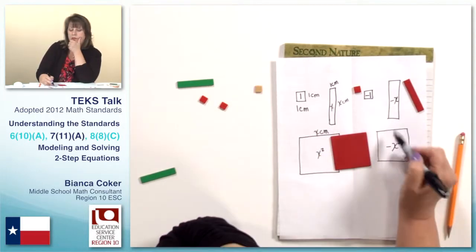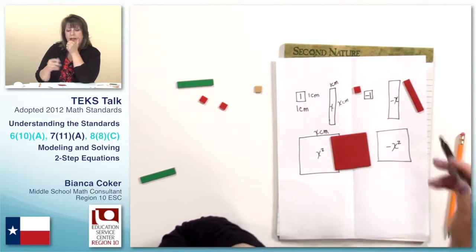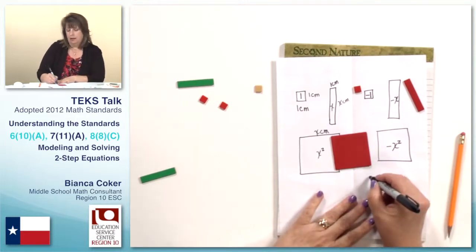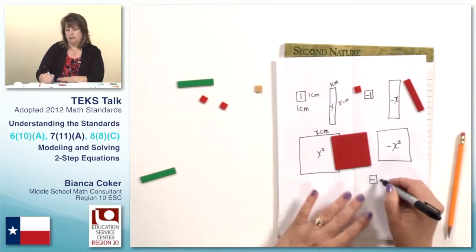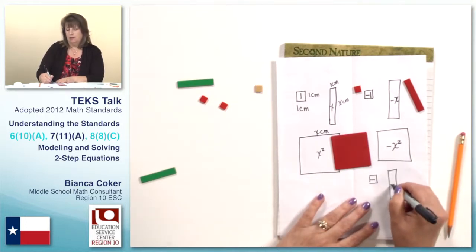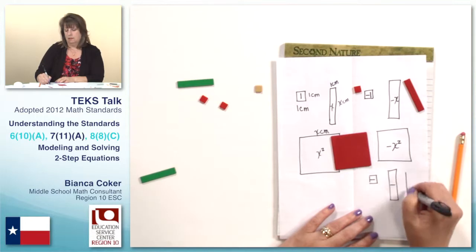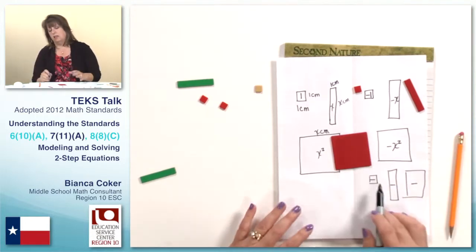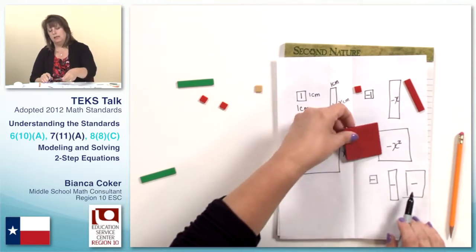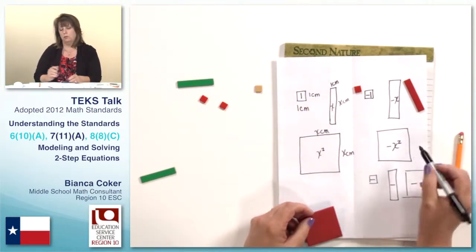Now, you can write these on your tiles, but as we've been doing our modeling, a lot of times what we're going to want to do is just negative 1, negative x, and negative x squared. And so I just put a negative sign in the middle of the tile indicating that it's red when I do my pictorial model.